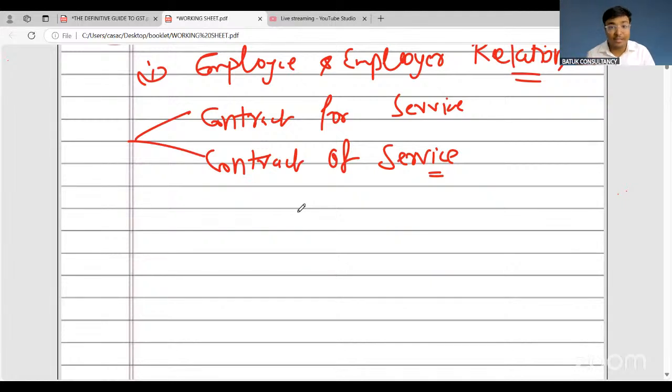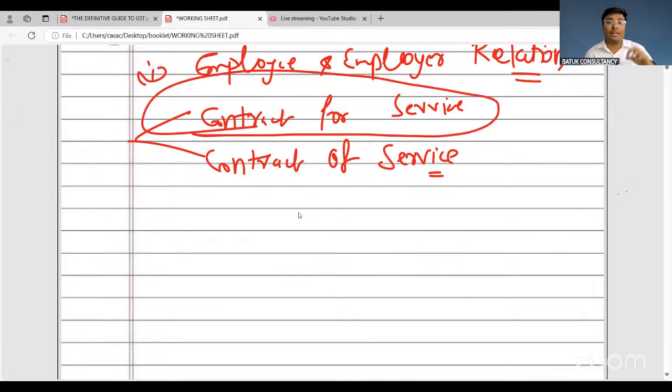Like the professional fees, when we are filing the return of our client, then our client is also principal, we are also principal. So that is called a contract for service. Whenever there is a transaction like a contract for service, yes, GST is applicable. Multiple times we are involved in drafting.